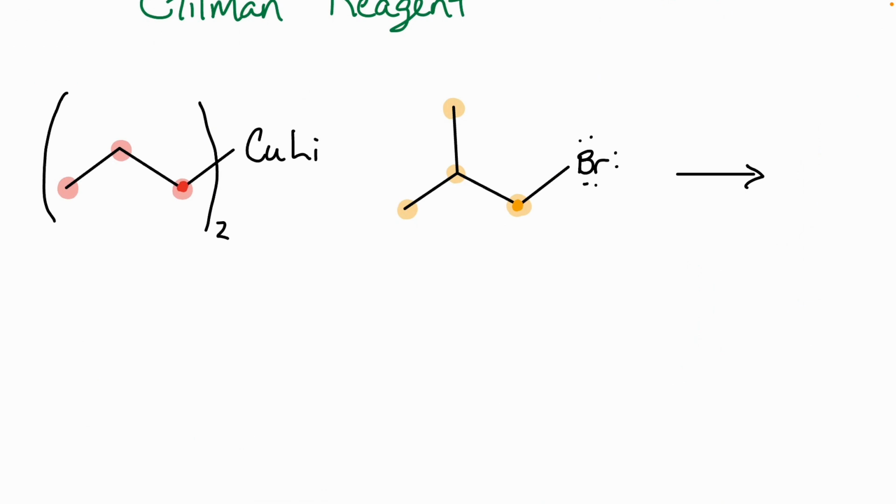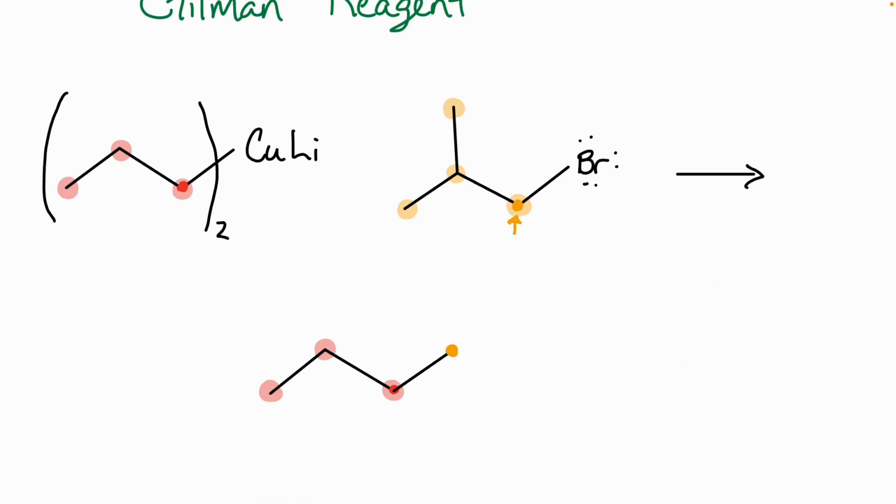All right, so if I draw my product here, I'm going to start with my 3. It really doesn't matter which one you start with, but let's just start with these 3 carbons that I had colored in red. On this one, I'm going to draw my new bond. The carbon on the other side of that bond must be the one I had colored orange that was at the base of my halogen.